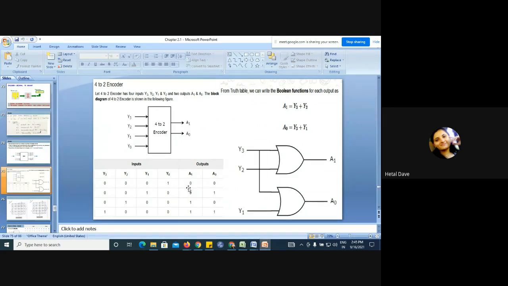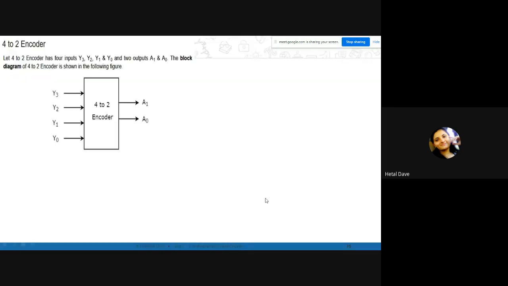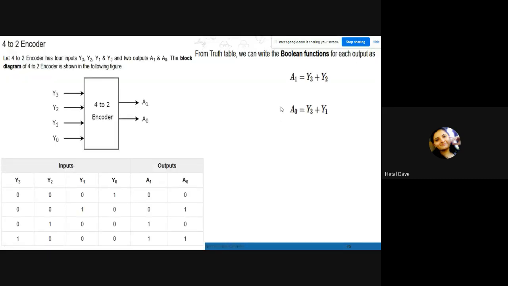So whenever you are going to design the K-map, you will get the A1 equation as y3 or y2 and the A0 equation as y3 or y1. Whenever you are given some time for your book work, at that time everyone will make a K-map and verify the equation.